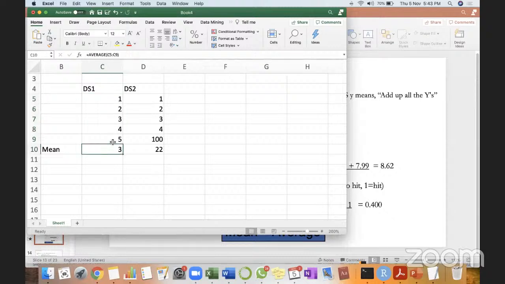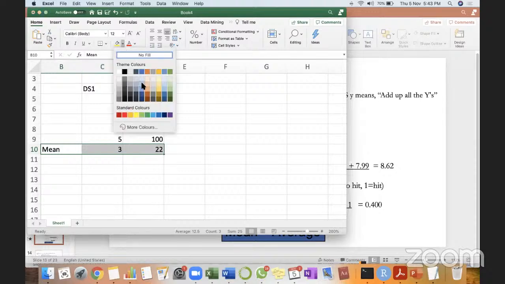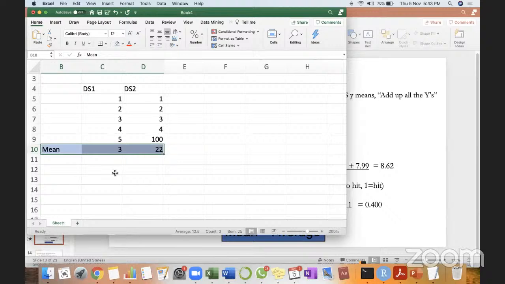And that is true for this data set. When I say the mean is 3 for this data set, of course the values are near to 3, right? I can say 1, 2, 3, 4, 5 are very close to 3. But what about this value, 22? Would you say that 22 is very close to these values? No. 22 is not close to any of these values.